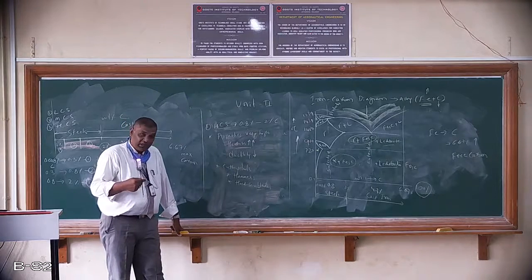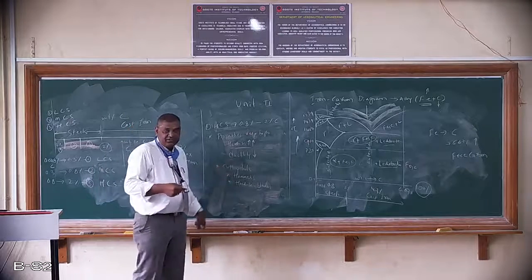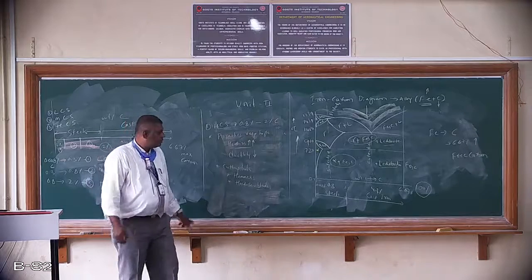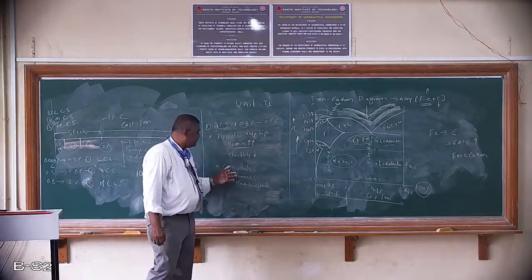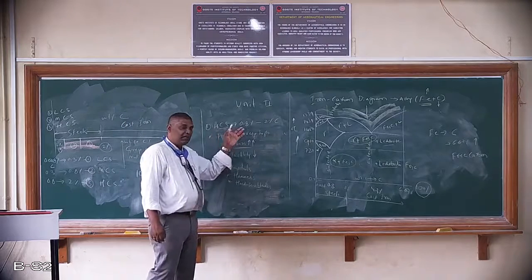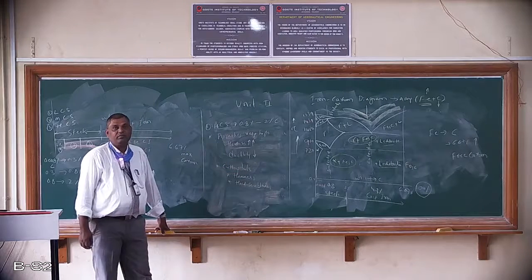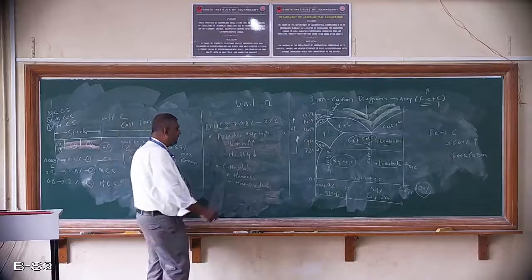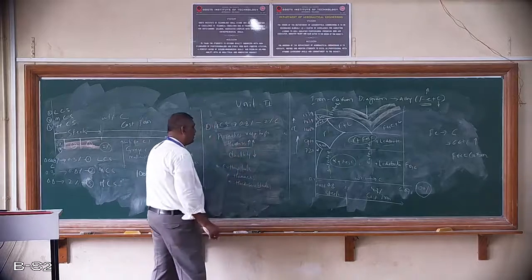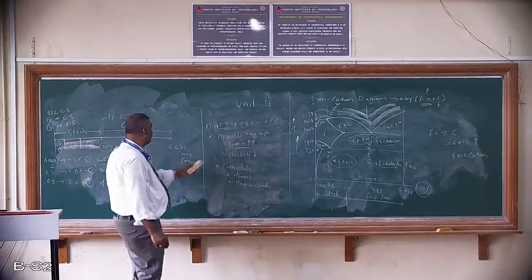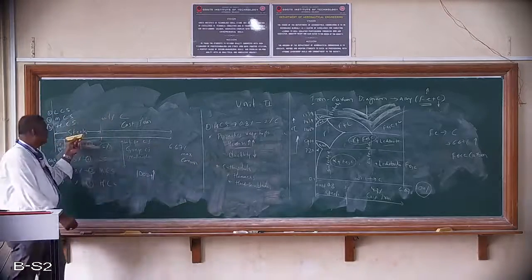At the same time, the ductility will be reduced. Hence, high carbon steel is majorly used for cutting tool applications. These are very hard and brittle, not ductile. So this is about this section, that is steels.